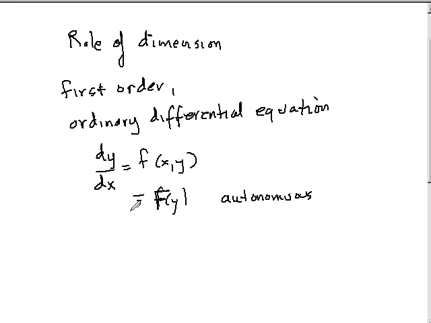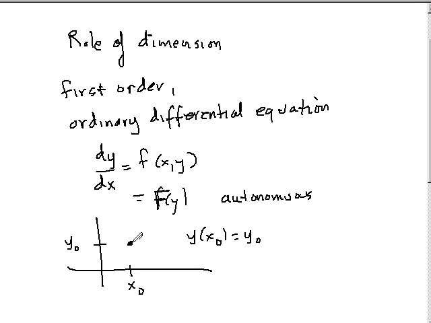Now, if you look at this very carefully in what's called the phase plane, suppose I have a point here, x and y, and I have a solution, y of x equals y naught, so it comes from this point.